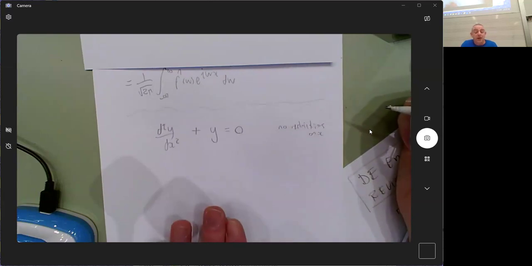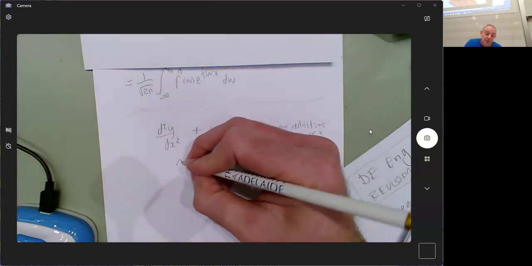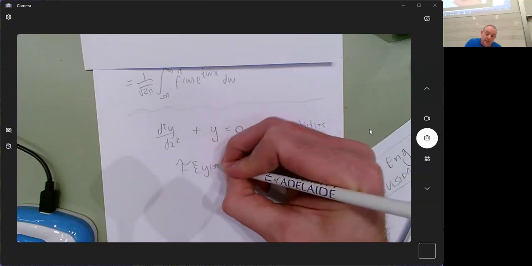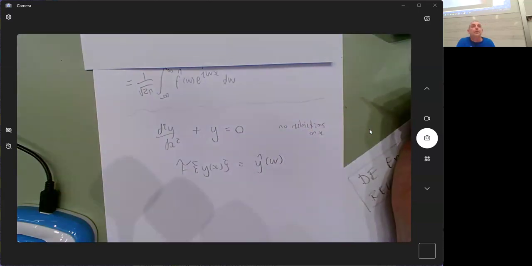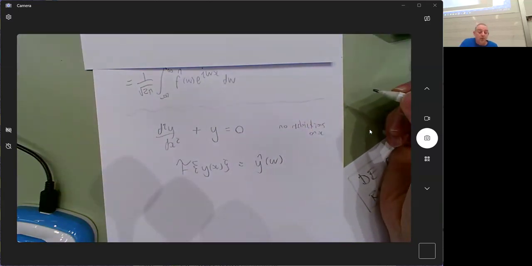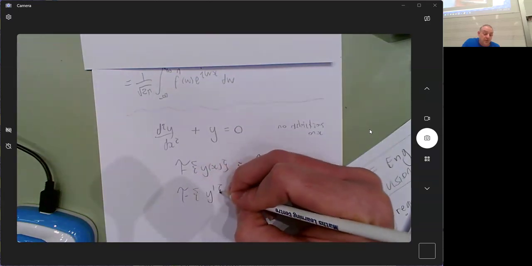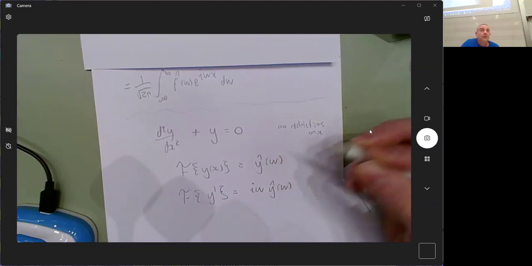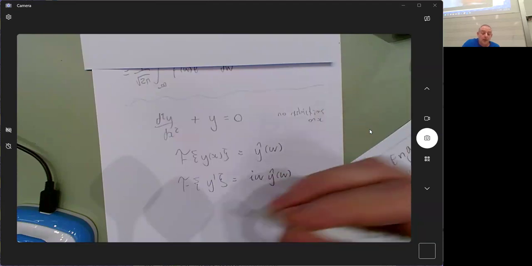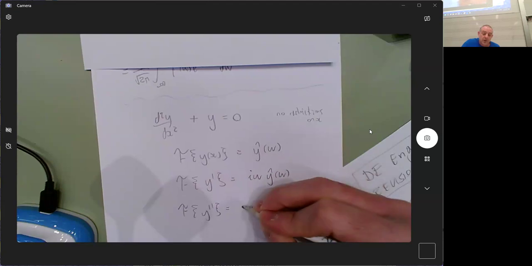I want to see what happens if I Fourier transform it. So I'm going to say that the Fourier transform of y of x is going to be y hat of w. What that means is that the Fourier transform of y dashed would be i w times y hat w. And the Fourier transform of y double dashed would be doing that twice.